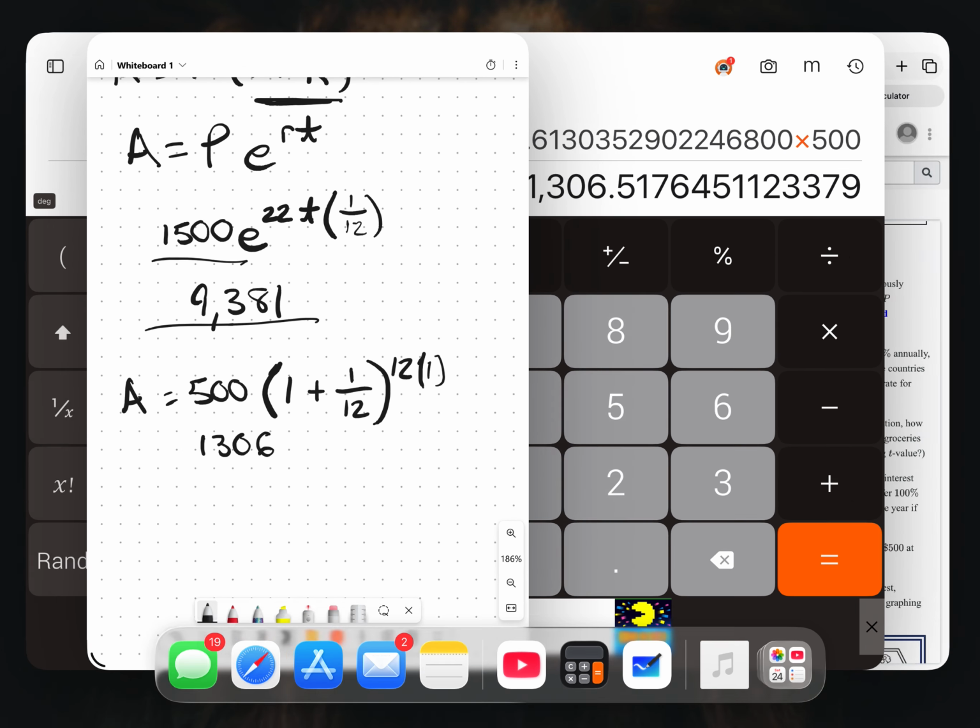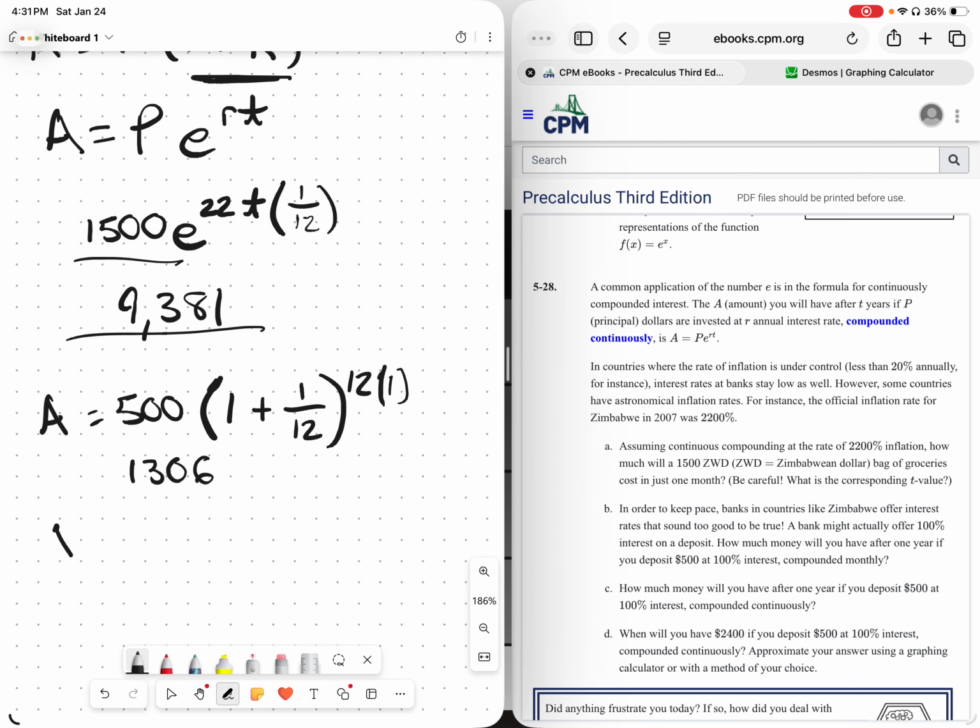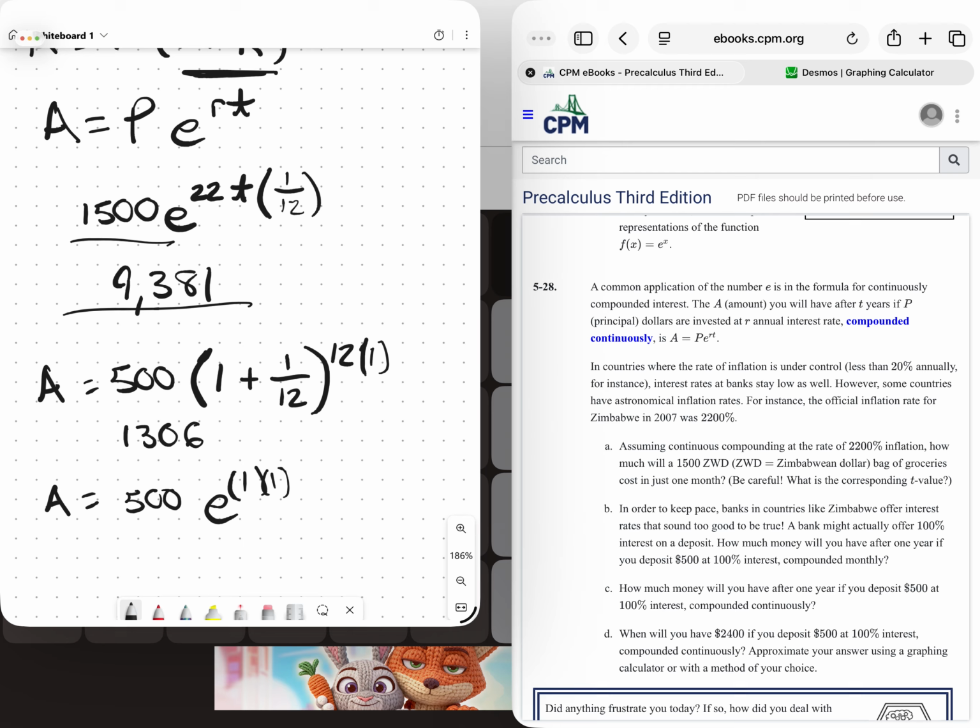Well, the next question says, how much would you have if it was compounded continuously? So how does it change? If it's continuously compounded, it's obviously going to make more money. Our rate is 1 and our time is 1, so this would just end up being 500 times 2.718.